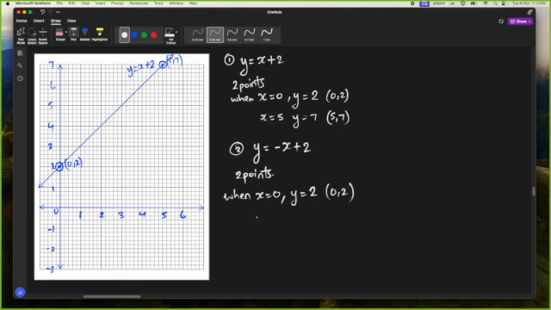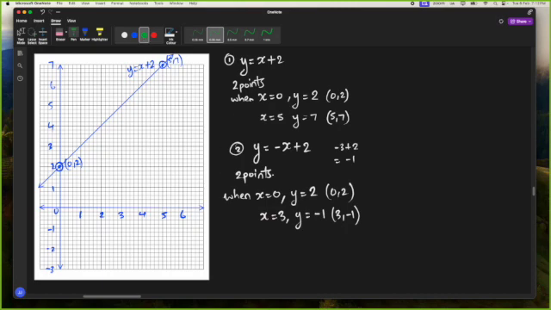Now let me check when x is 3. Y is going to be, if x is 3, that'll be minus 3 plus 2, which is minus 1. So when x is 3, y is going to be minus 1. So that is 3, minus 1. So let's draw this one now, and I'll do this one in green.